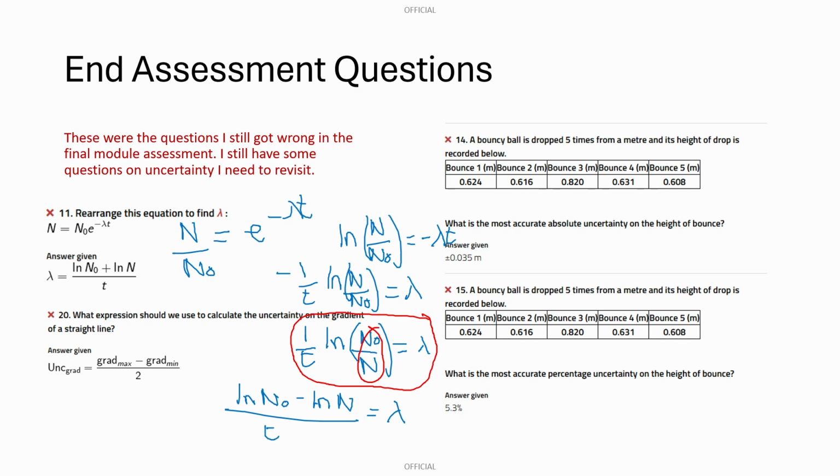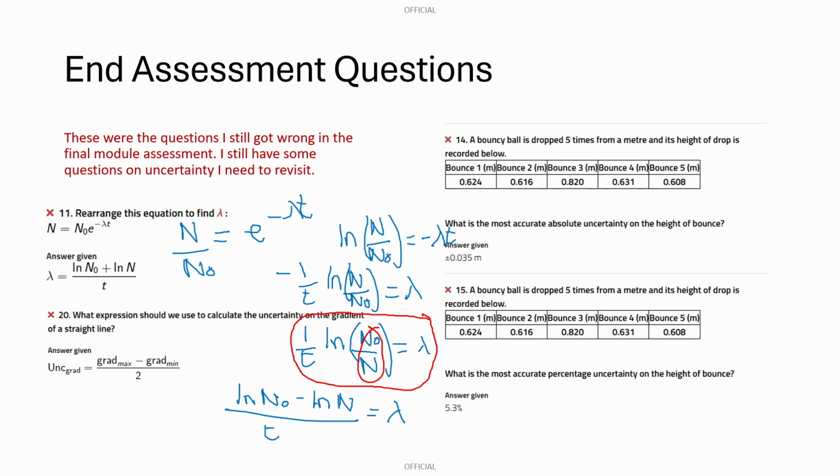So for example, if I've started with 100 nuclei and I've now got 50, then this is a fraction, and that's a much more useful way of looking at it rather than doing the log then taking away another log. So I think that's what 11 is supposed to say.